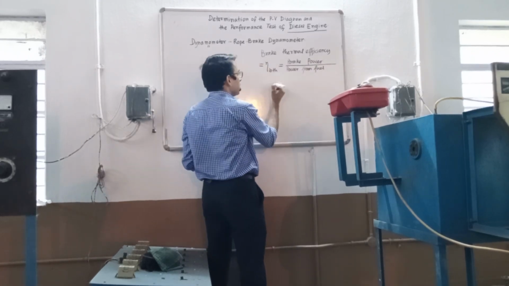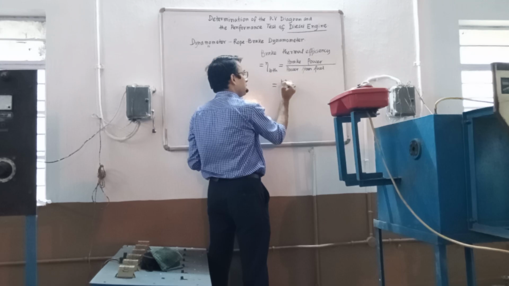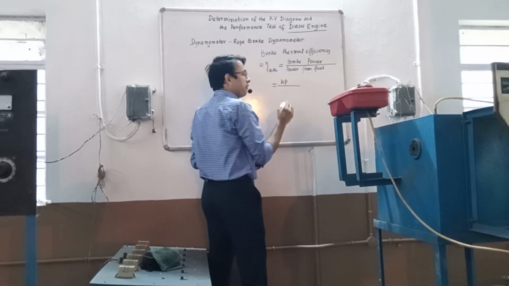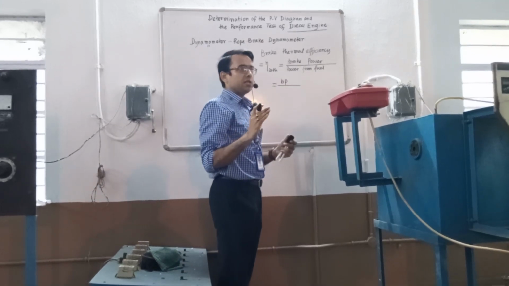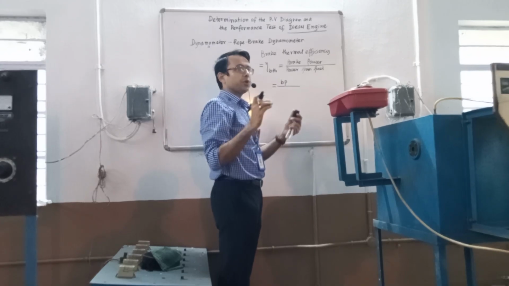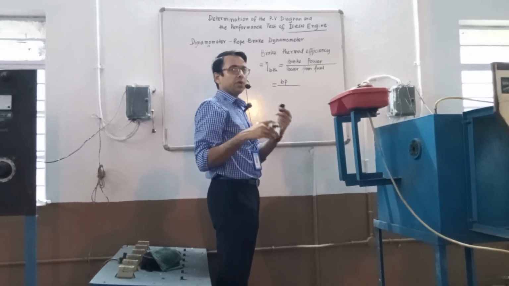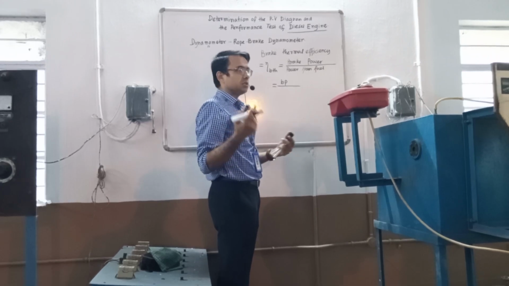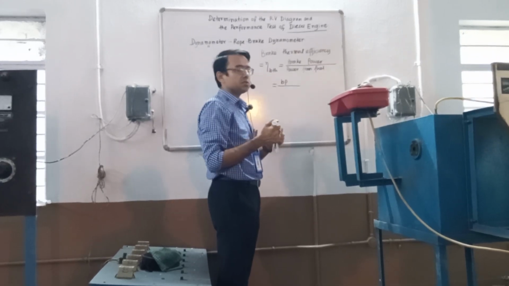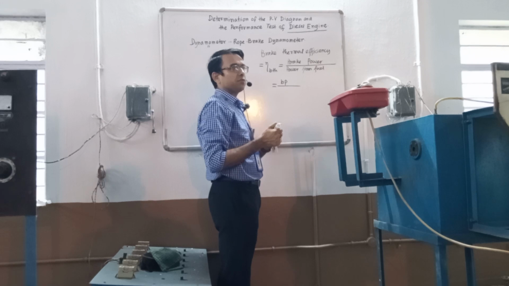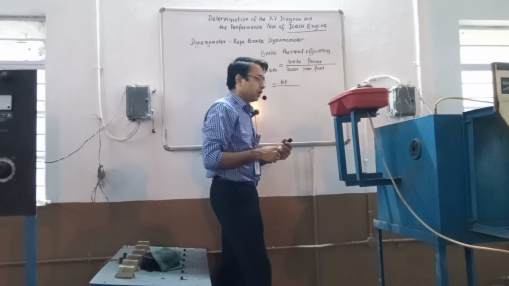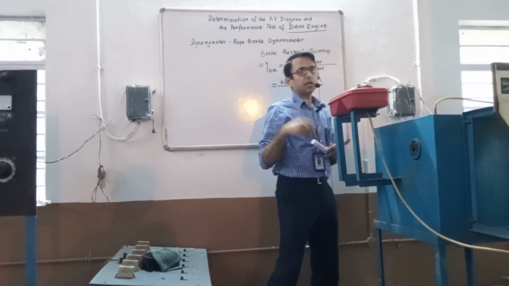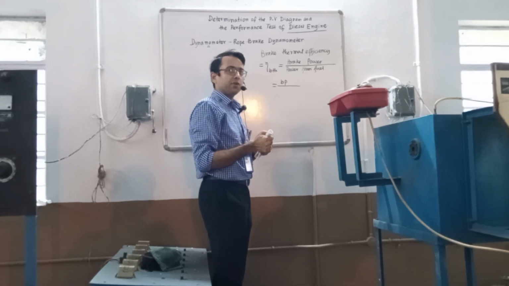So what is that? Brake power divided by power from the fuel. The fuel has chemical energy. When we burn it, the chemical energy is converted to thermal energy, liberated as thermal energy, because these are exothermic reactions. That energy is called calorific value, CV.